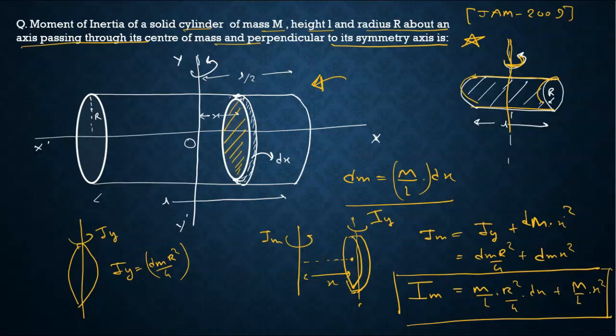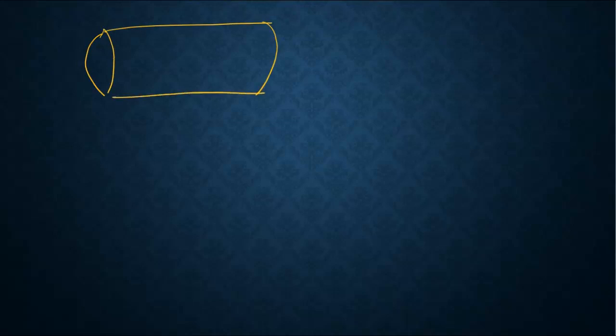We can also integrate the half cylinder and multiply with 2. So let's do it. So from this part, we have this is our cylinder, and this is the ring, right?